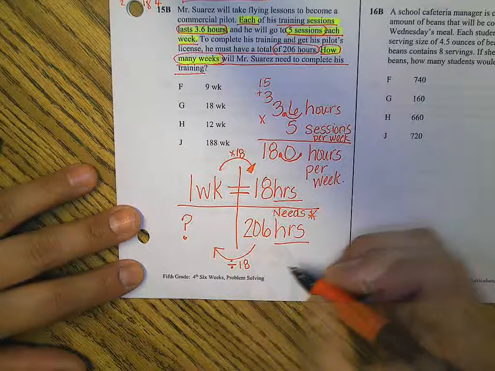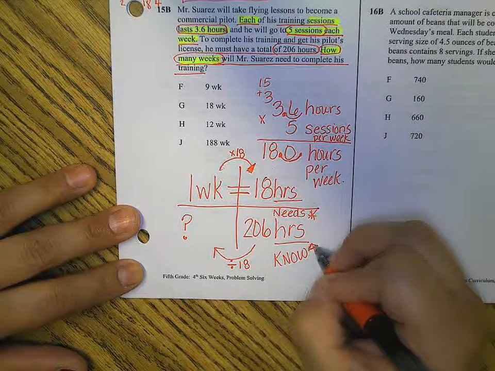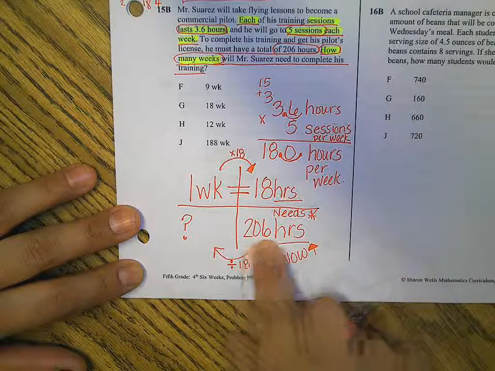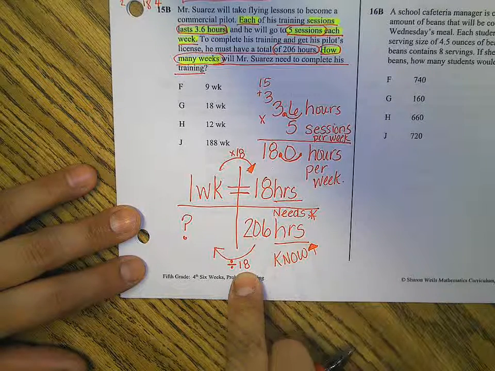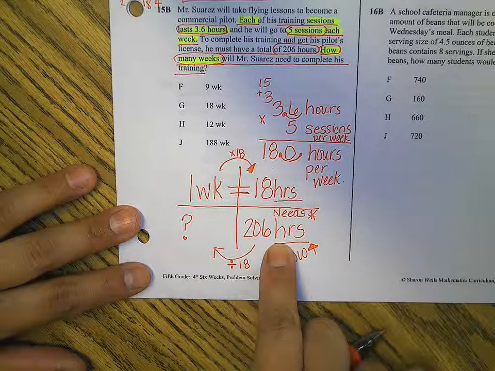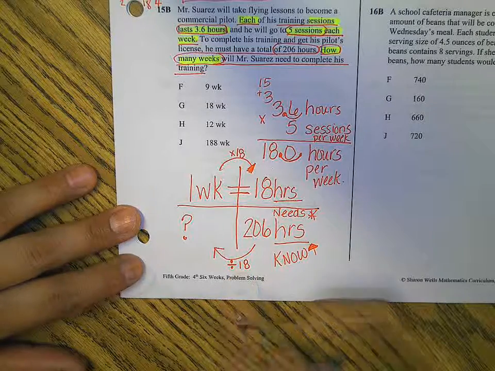I can take what I know, and I can work my way backwards. If I know that I need 206 hours, how many 18-hour weeks do I need? I work backwards. I'm taking my 206 and dividing it by 18.